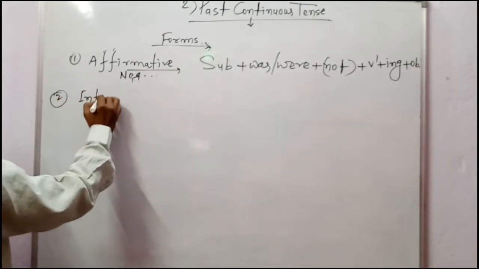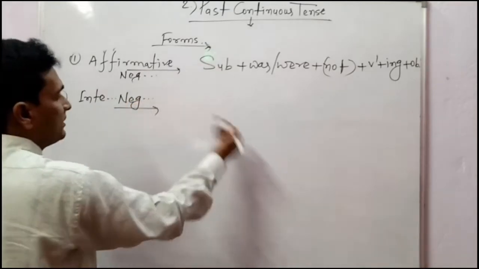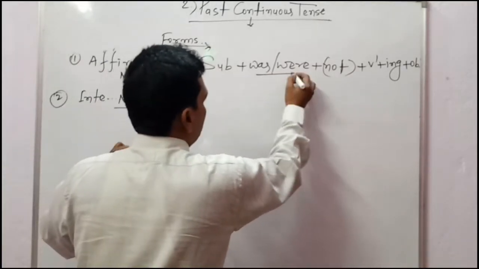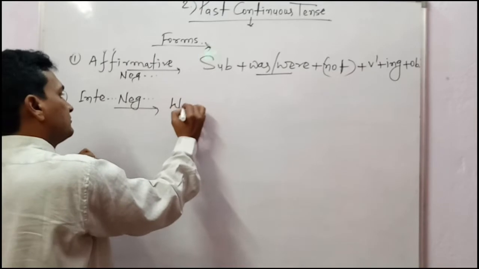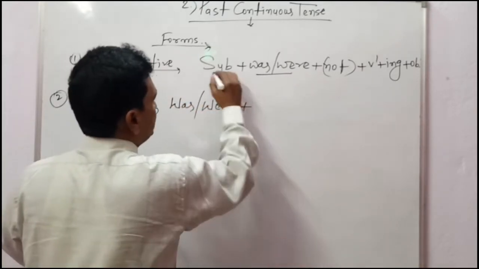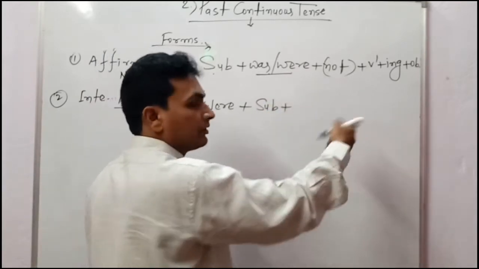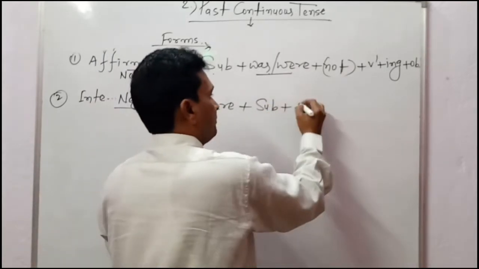Its interrogative and negative formula is, what you have to do, you have to put was verb first, and then subject will take its place. So subject, and then from not everything will remain the same.